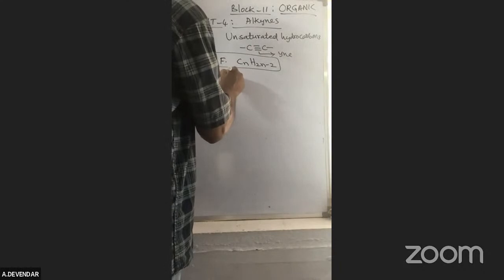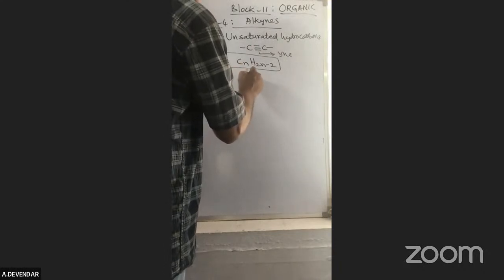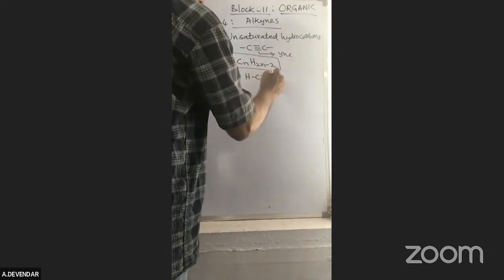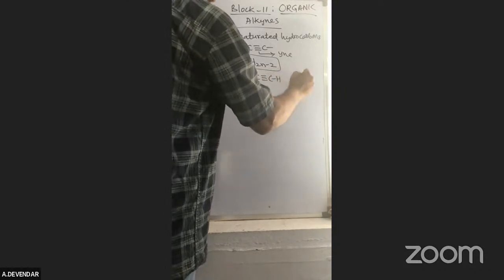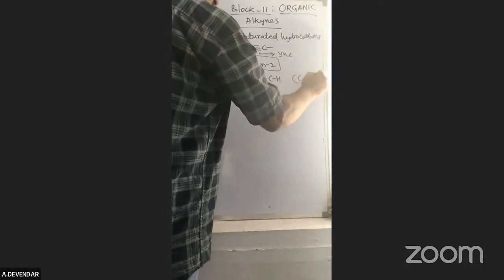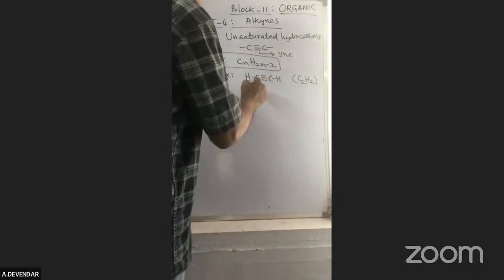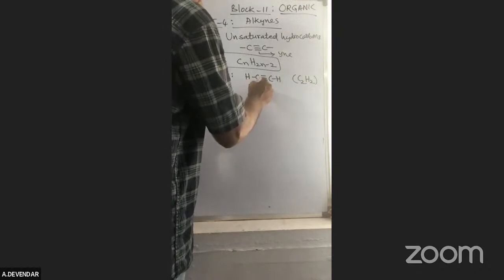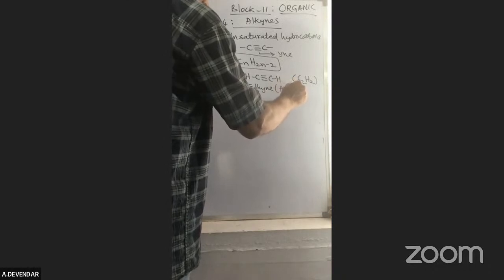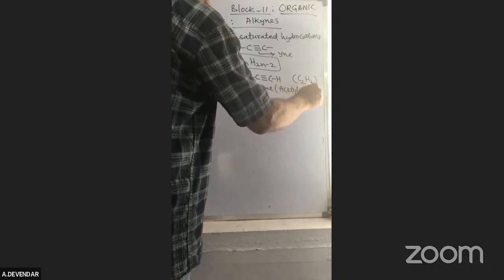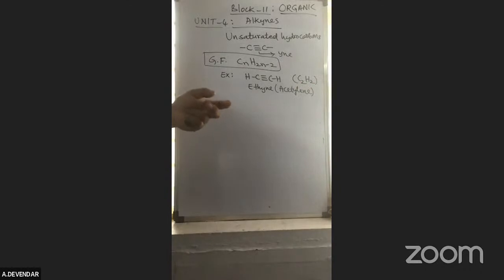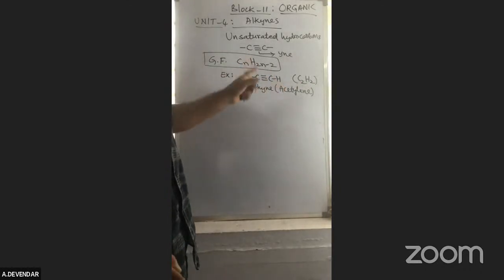Now see this particular alkyne, the best example. The first member is C2H2, called ethyne, or acetylene. The common name is acetylene. A garlic smell comes from acetylene.